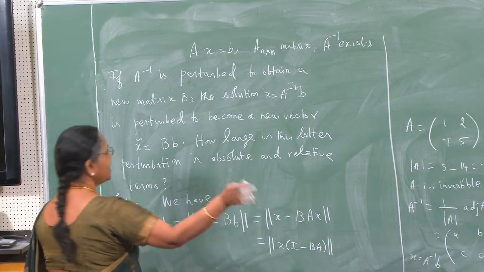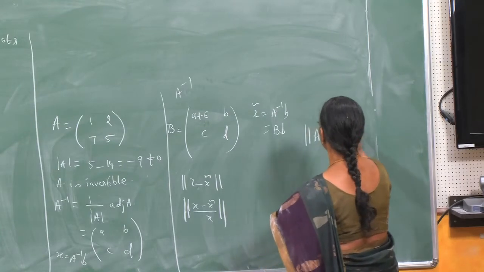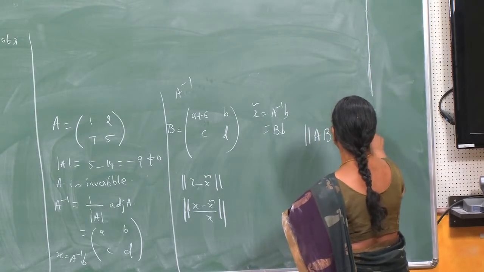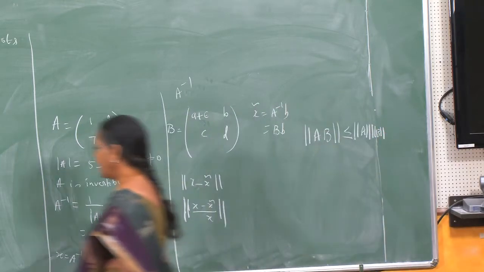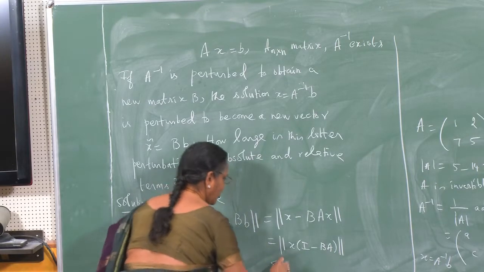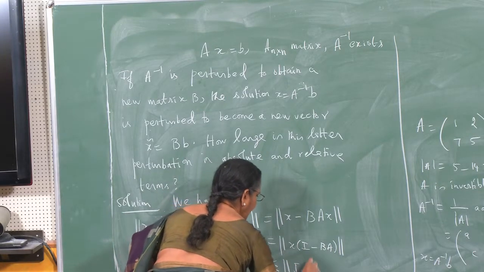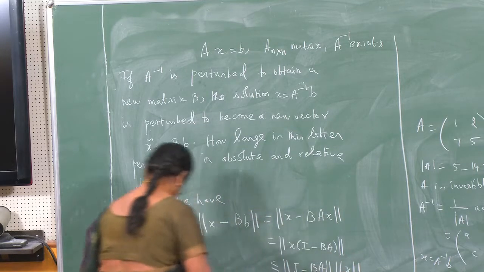So, we have seen that the norm of a matrix satisfies the property that norm AB is less than or equal to norm A into norm B. So, here I have x into a matrix, and therefore, this will be less than or equal to the norm of I minus BA multiplied by norm of x.